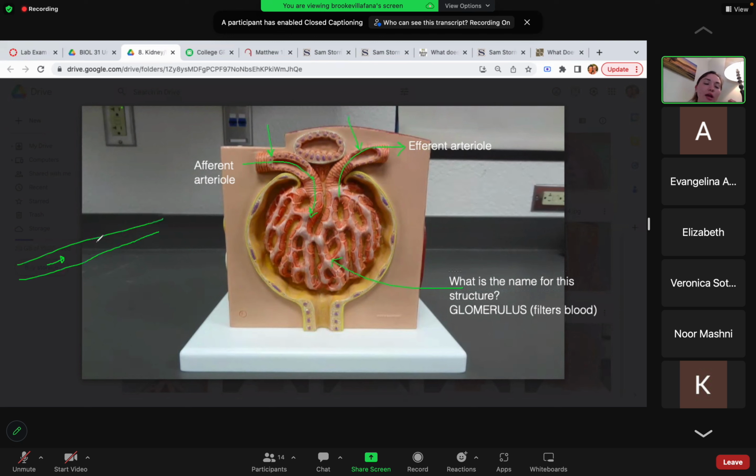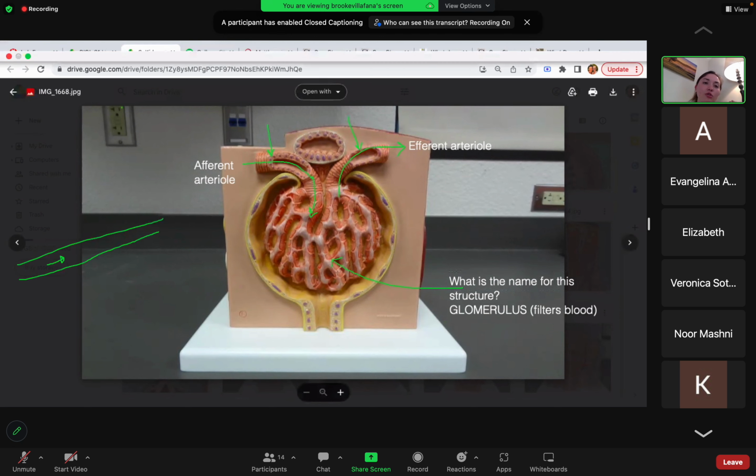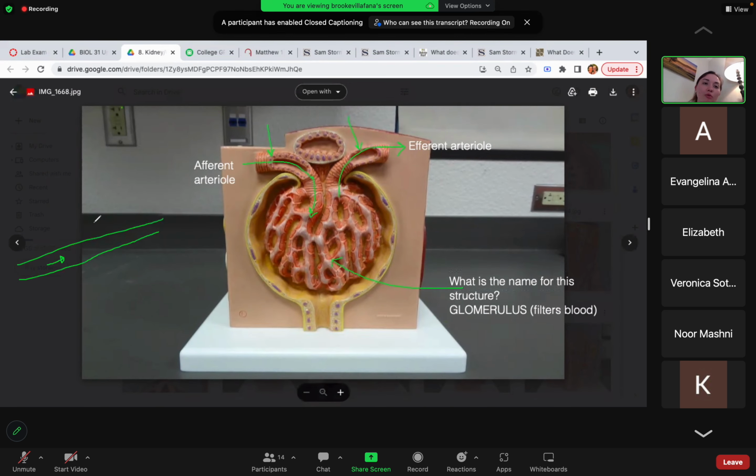Here's my blood. When you make urine, let's say you have water and sugar in your urine. So how does that get out of the capillary? Well, we've talked about it before, right? We said that's when the capillary goes through diapedesis and changes and has holes in it. Everyone remember that?